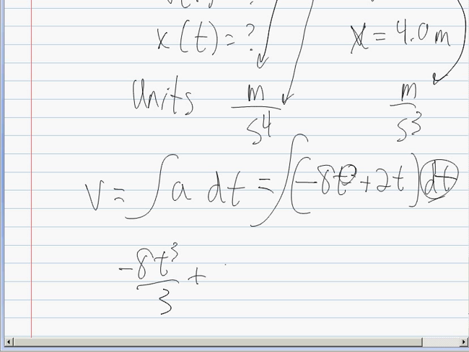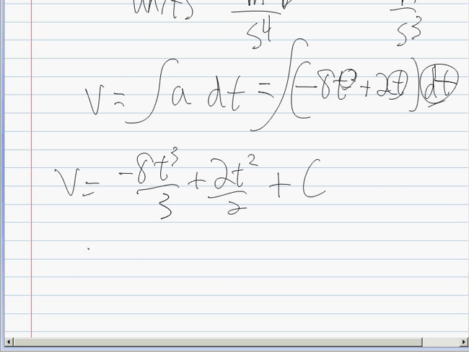Okay, now we can simplify this a little: minus 8/3 t cubed plus t squared plus some constant. Now in this case, they tell you that the initial velocity is 0. So if I put in 0 here and 0 there, I'll just get 0 for this.